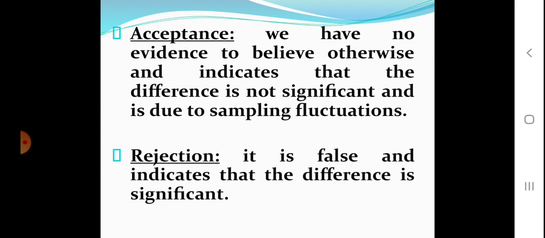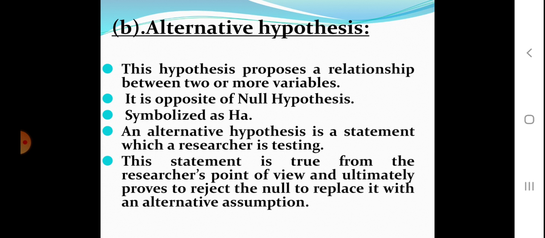The second basic concept concerning testing of hypothesis is the alternative hypothesis, just opposite to the null hypothesis. This hypothesis proposes a relationship between two or more variables. The null hypothesis proposes that there is no relationship between two or more variables, and the alternative hypothesis proposes that a relationship exists between two or more variables.